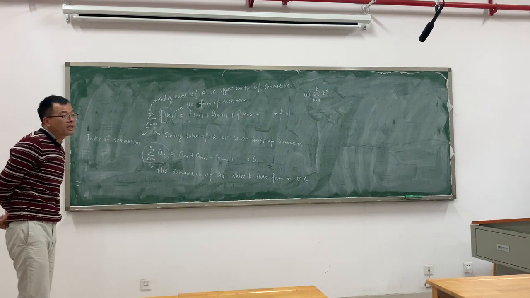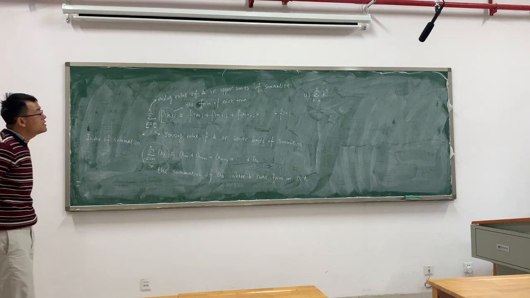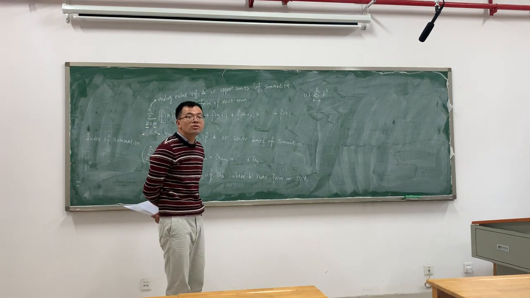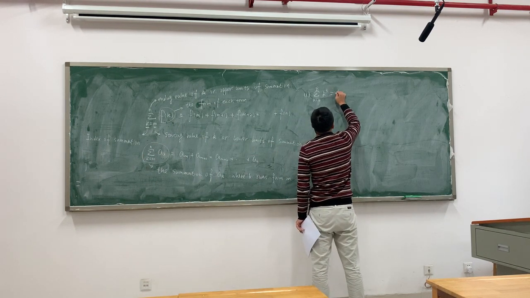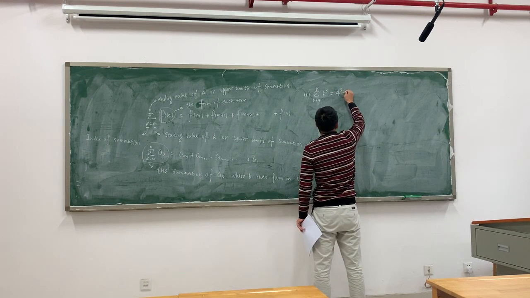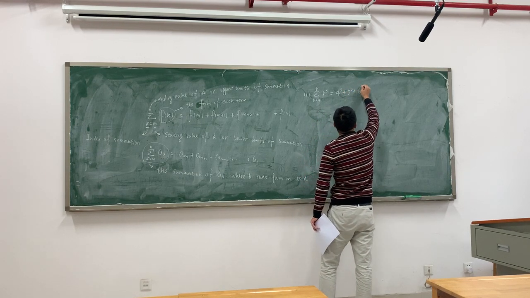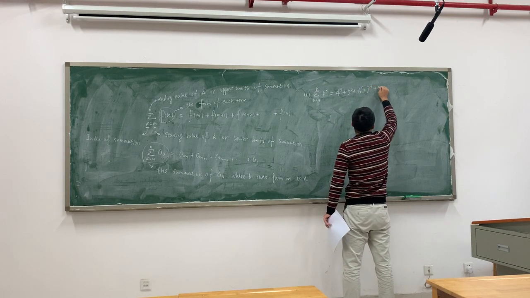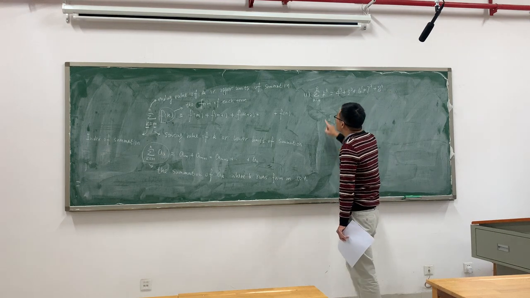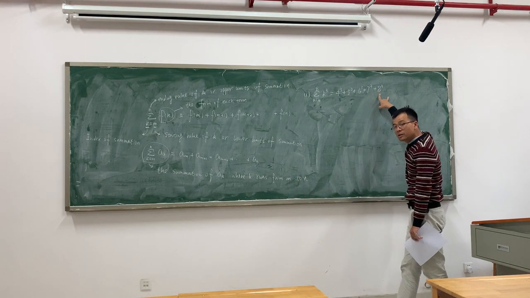The summation of k cubed as k runs from 4 to 8. This notation stands for 4 cubed plus 5 cubed plus 6 cubed plus 7 cubed plus 8 cubed.